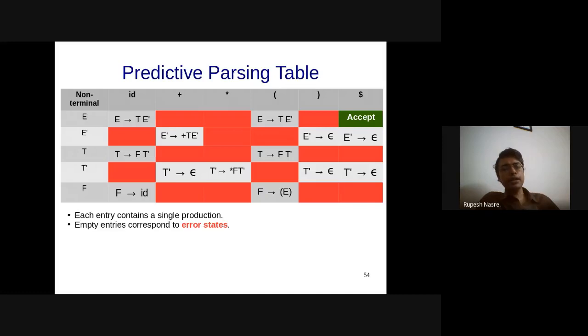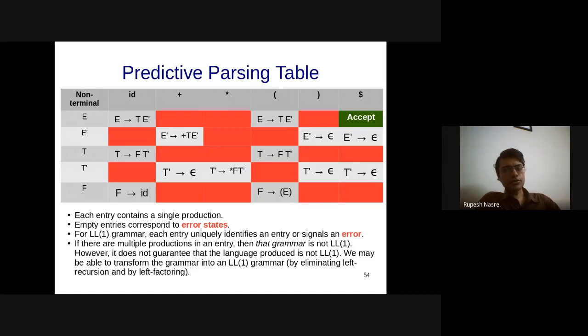The empty entries correspond to the error states. So whenever you reach E deriving plus, that is plus ID as the input, that means it's a syntax error. Each entry uniquely identifies a production, and signals an error.